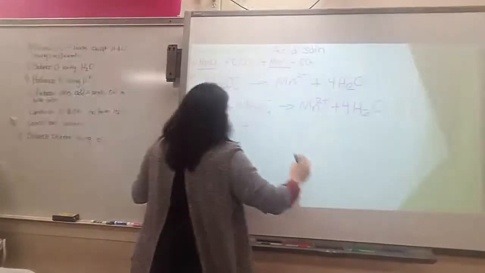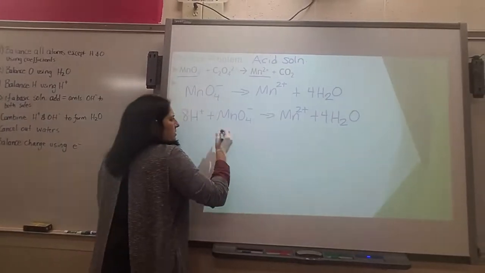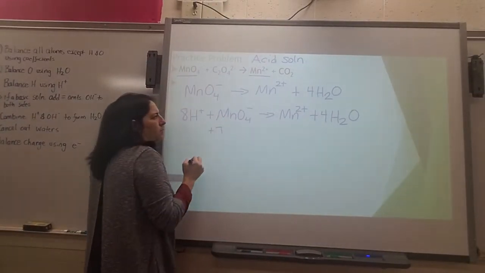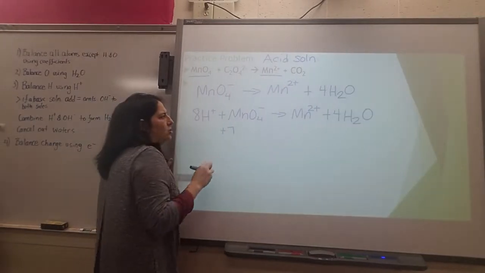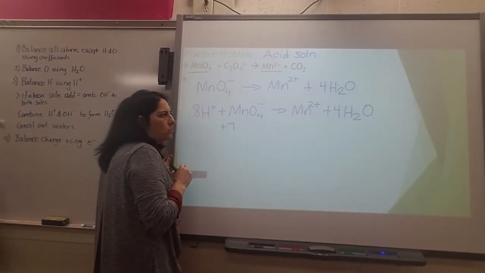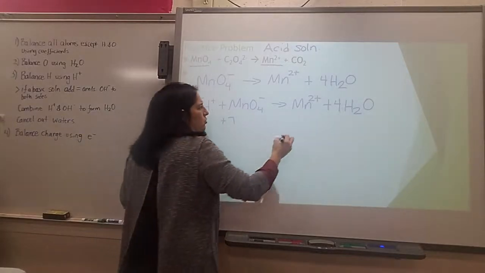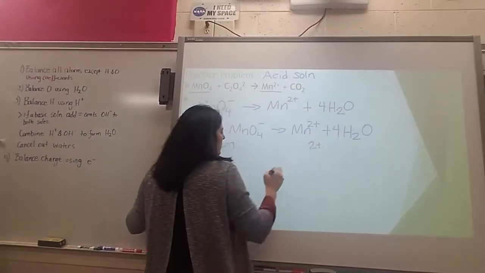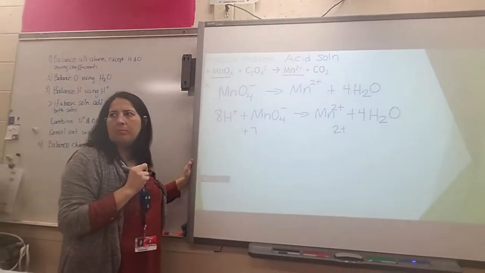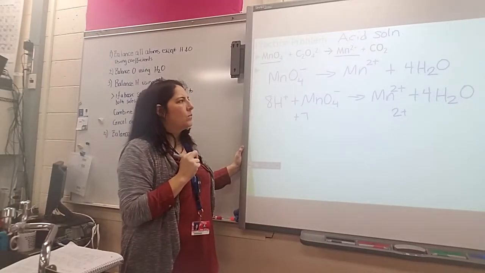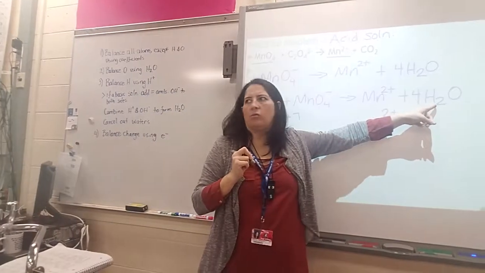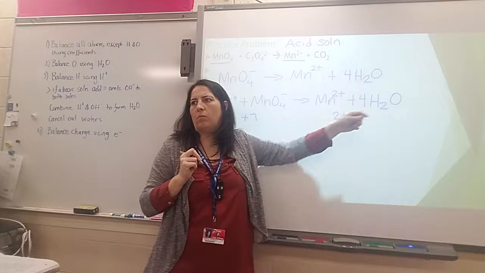Okay, I'm just going to erase this and write a plus 7 now that we've established that. Over here, what's my charge? 2 plus. Everybody buy that? Yeah, this is a molecule, so there is no charge for this guy.